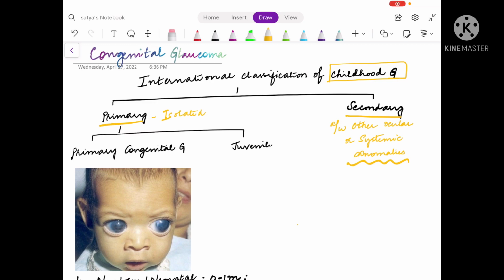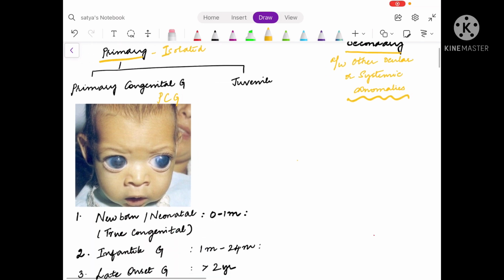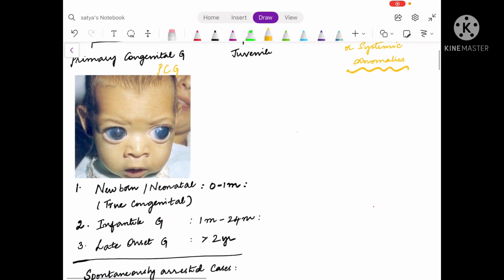So primary is again divided into primary congenital glaucoma, also known as PCG, and the other primary glaucomas are juvenile glaucomas.